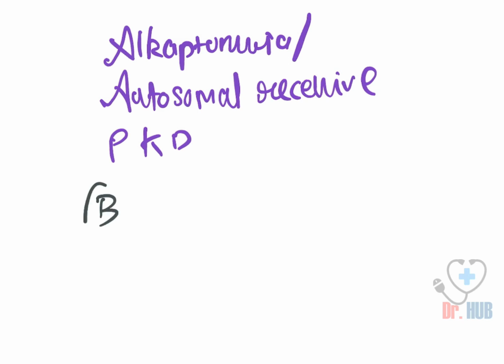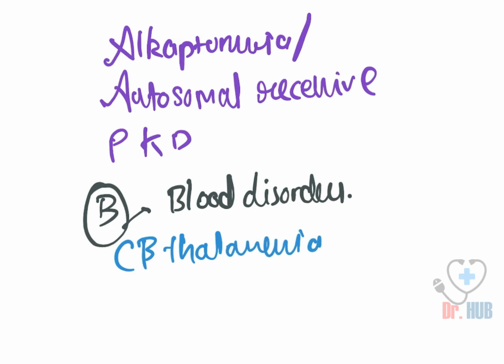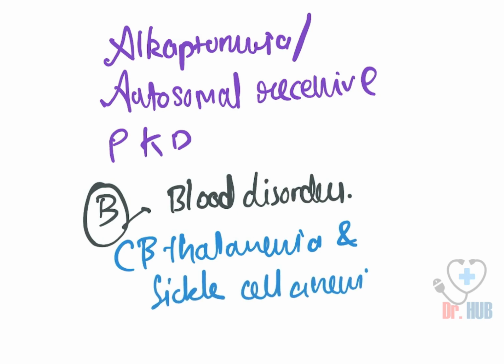Then we move on to the letter B. In case of B, it stands for the blood disorders. So what are the blood disorders? It includes beta thalassemia and sickle cell anemia.